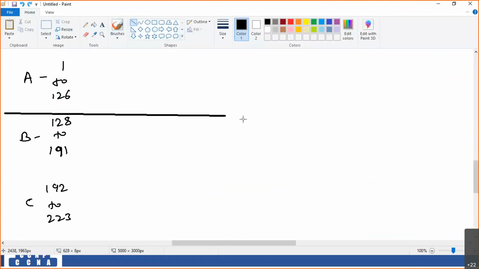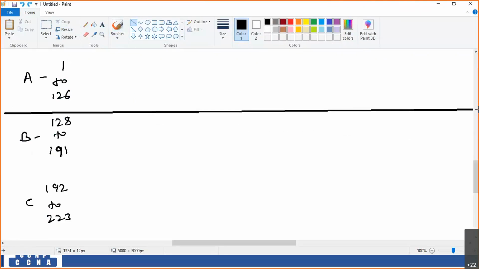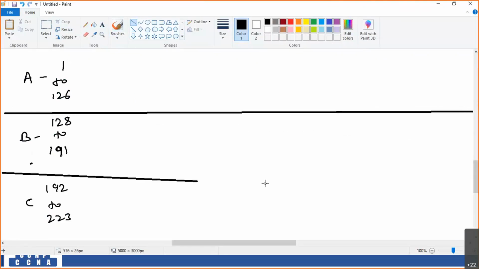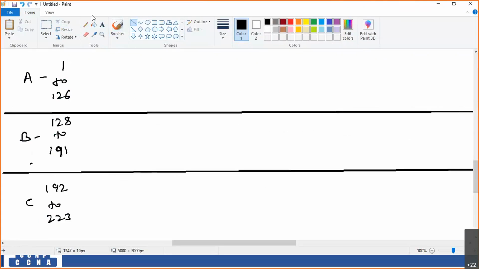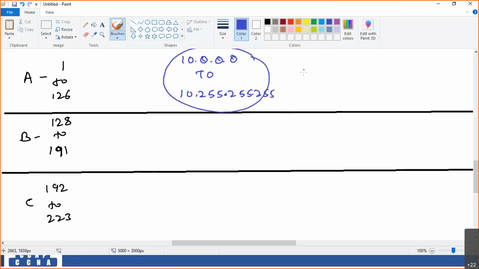In class A, IPs starting with 10.0.0.0 to 10.255.255.255, the complete 10 dot network range, are private IP addresses.